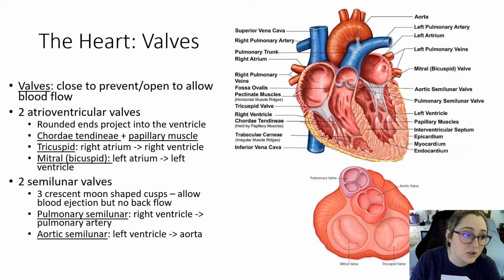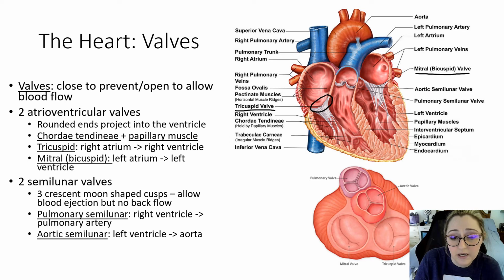You have two atrioventricular valves. These are the valves that are between the atria and the ventricles. The first is the tricuspid valve. This is on the right side. On the left, you're going to have the mitral or bicuspid valve.